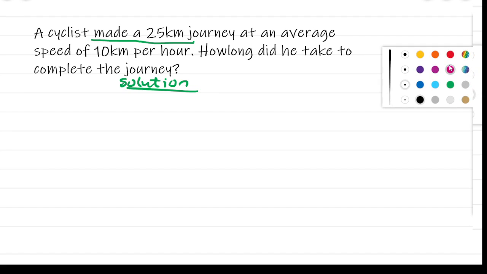This problem says that a cyclist made a 25-kilometer journey. So let's say solution. The cyclist rode 25 kilometers at an average speed of 10 kilometer per hour. How long did it take to complete the journey?